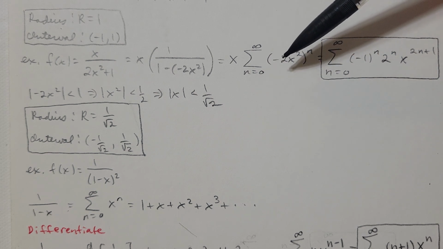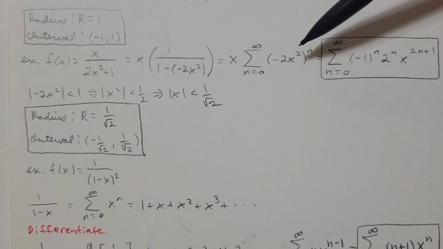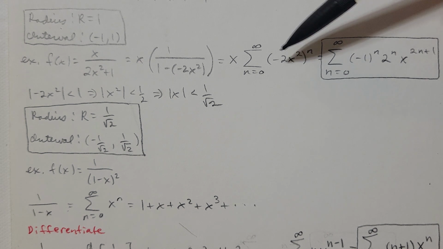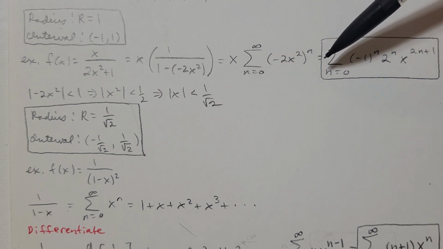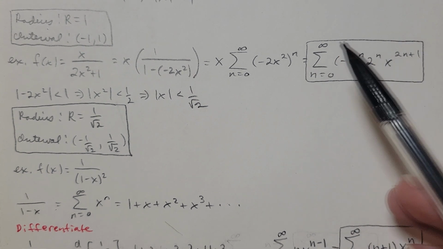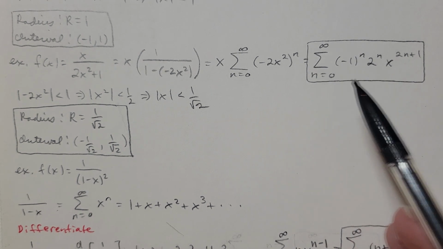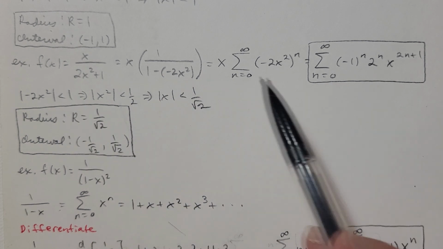So I'm looking at the summation as n equals 0 to infinity of negative 1 to the n times 2 to the n times x to the 2n, but then I'm bringing in the x from outside there. So I've got x to the 2n times x, that's the same as x to the 2n plus 1. And this would be my answer. This is the power series representation for this function. Again, these both mean the same thing.